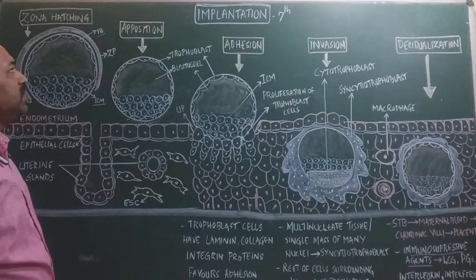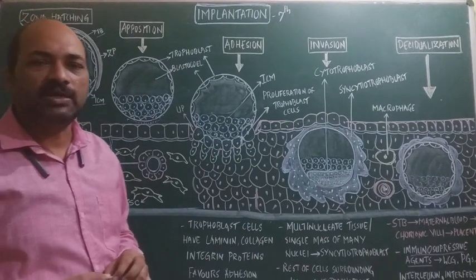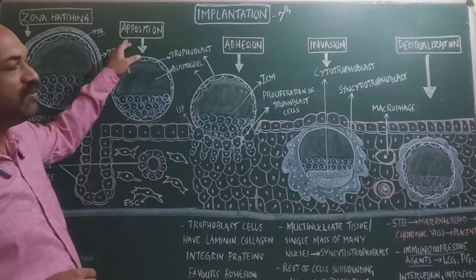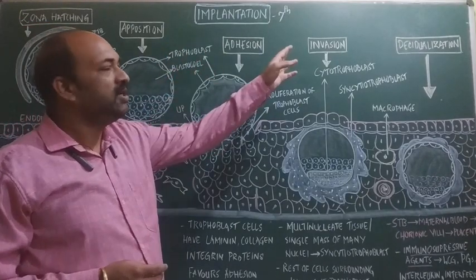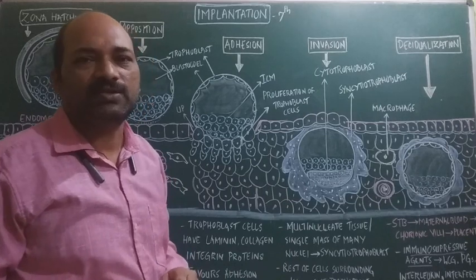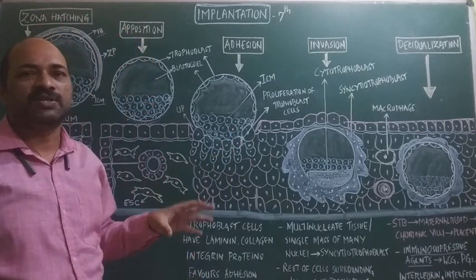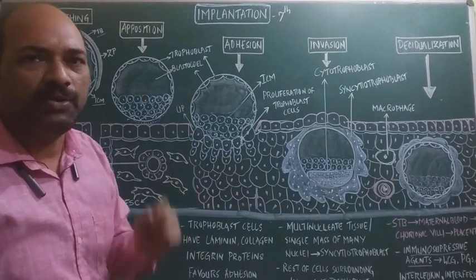For implantation to occur, there are mainly 5 steps. The first is zona hatching. The second is apposition. Next is adhesion. Next is invasion, and the last is decidualization. These are the 5 steps by which the blastocyst gets attached to the endometrium.